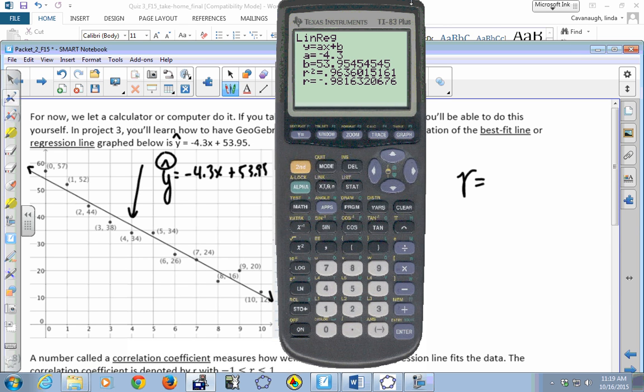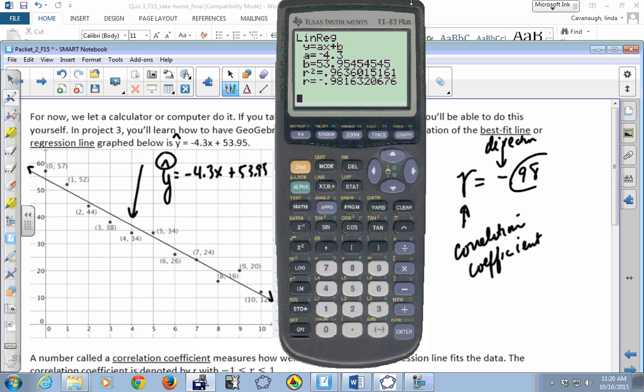These two variables, the strength of their linear association, that's what this correlation coefficient, which we use the letter R for, tells you. How strong is this linear association between these variables? And the negative just tells you the direction, that as your x variable increases, your y decreases.